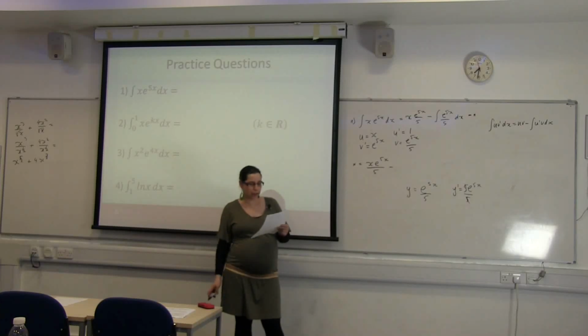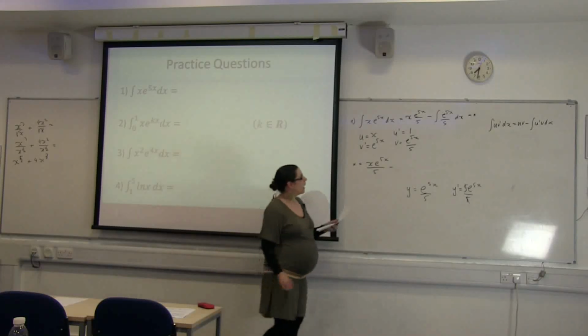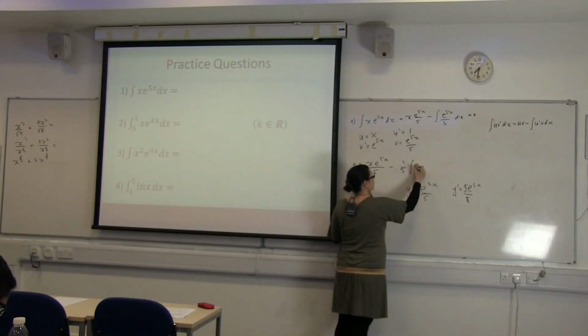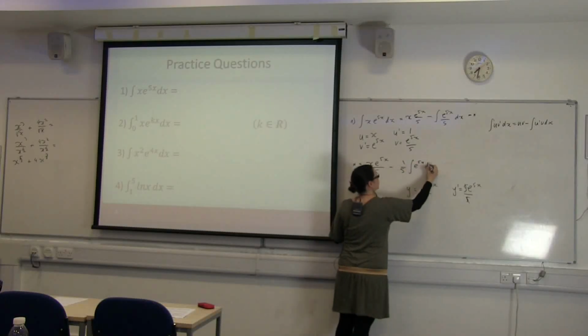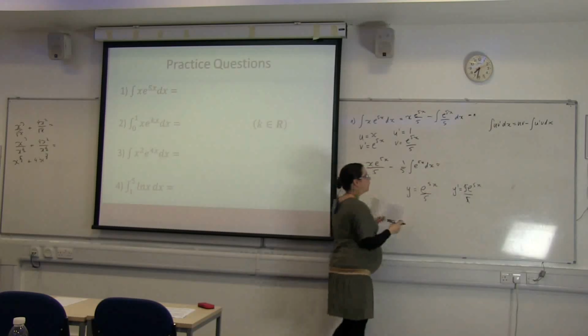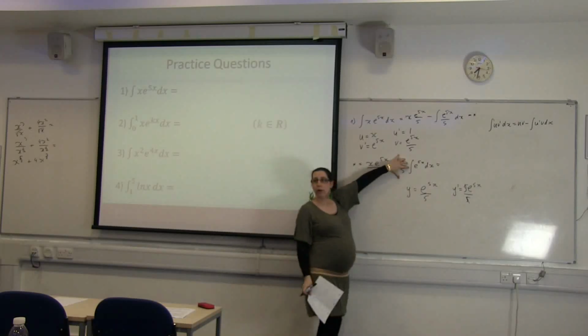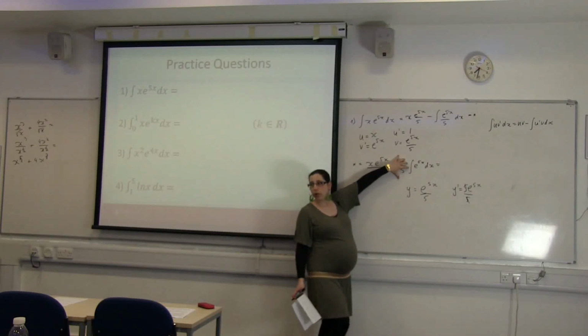How would you do this type of integral? I can bring the 5 out in the front. And if I ignore everything else and just look at this type of integral, what would be the solution? How would you do it?